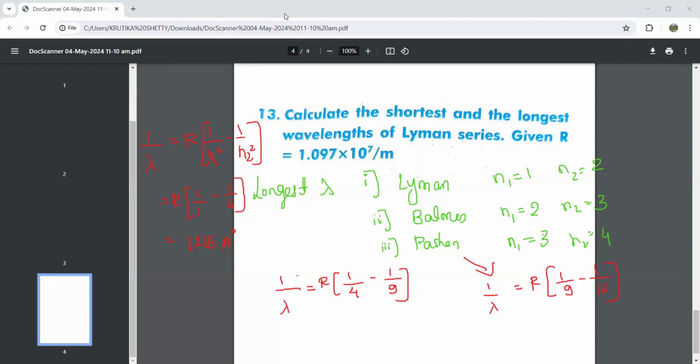For the Balmer series, I think your answer will be 6563. Reciprocal and all you just confirm here, students.